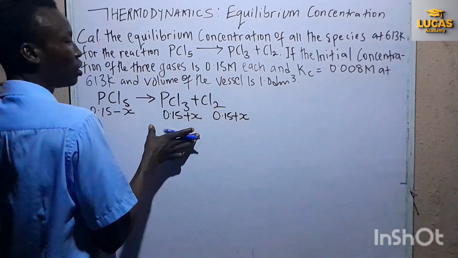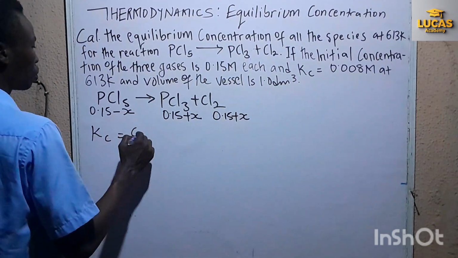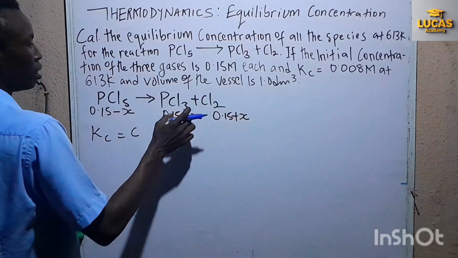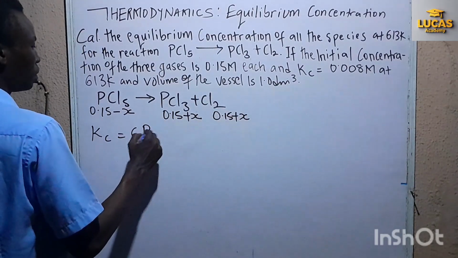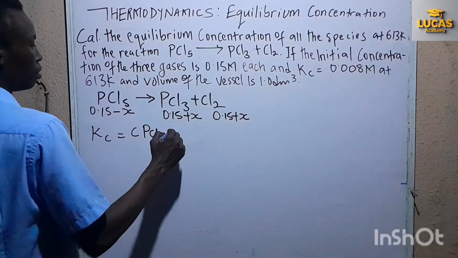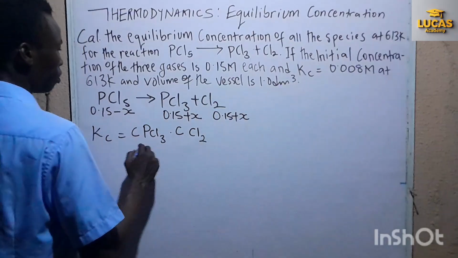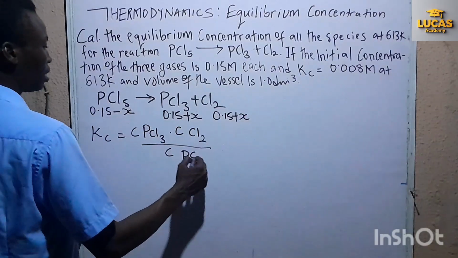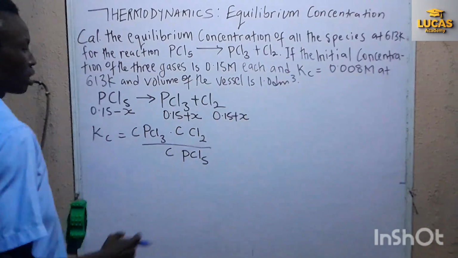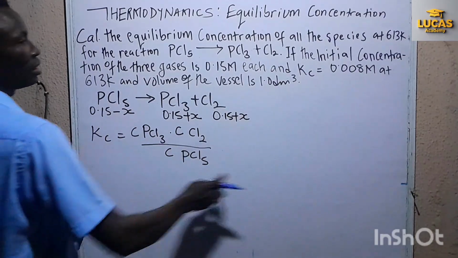Now, since you have done it like this, you now go in this direction. Remember, Kc equals concentration of, remember, you always have your product at the top. So you are going to have concentration of PCl3 times concentration of Cl2 over concentration of PCl5. Okay, so this is how to write the expression for it. So what is the Kc given to you?